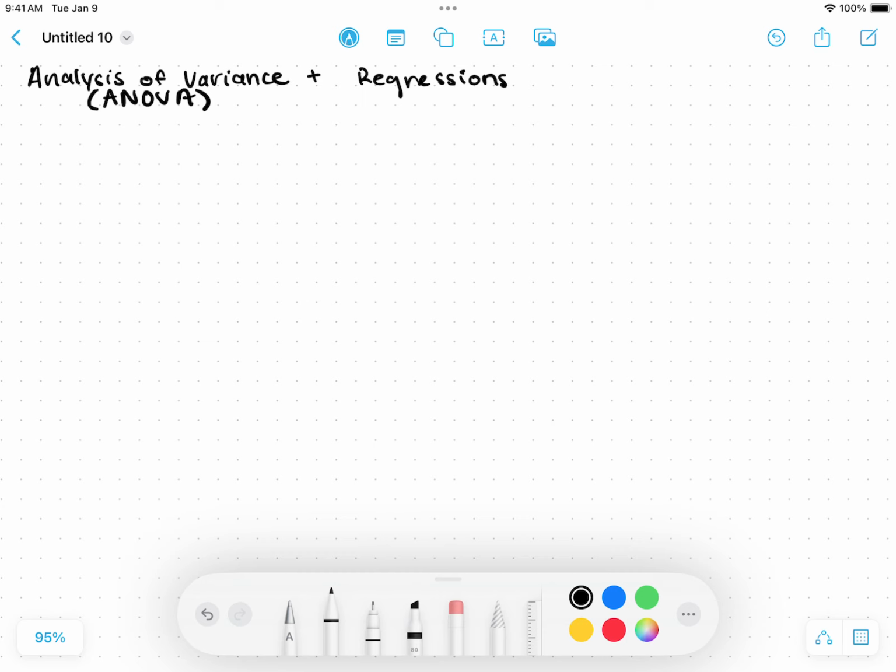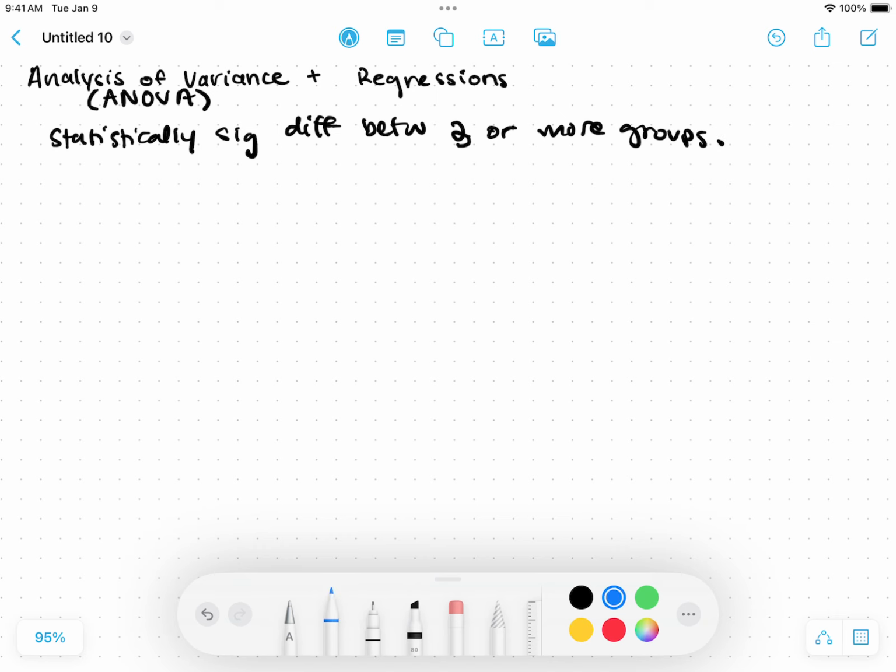So it's going to check if there are statistically significant differences between 3 or more groups. Okay, so let's say there are 2 different groups, right?